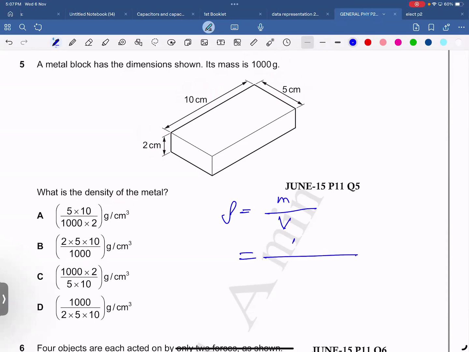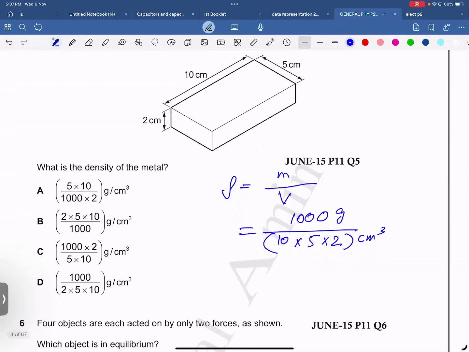Mass they gave you is 1000 grams. Volume is length times width times height, in centimeter cubed. So 1000 divided by length times width times height. Option D. 1000 is the numerator, the mass, divided by volume.